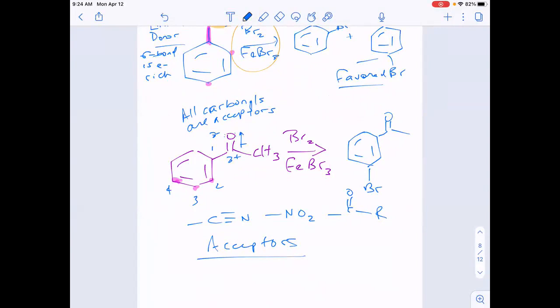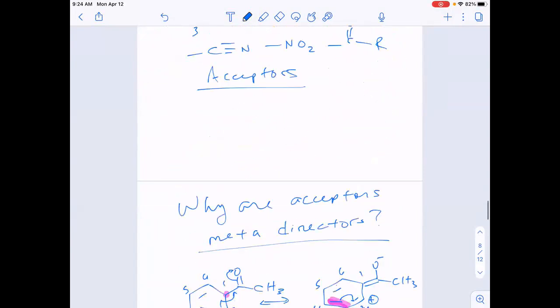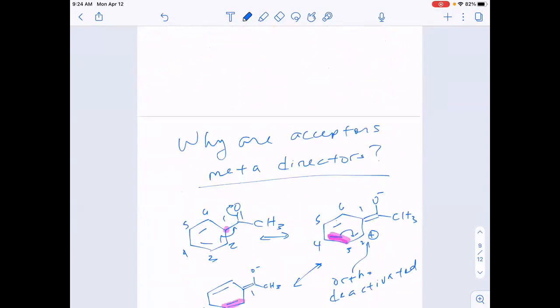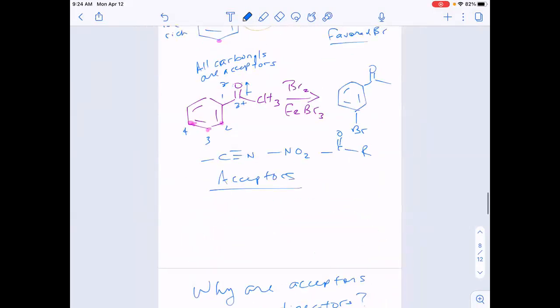And since the carbonyl is an acceptor, which we just showed down here, you can give a pair of electrons to that carbonyl carbon and do resonance with it. So since it's an acceptor, it's going to be a meta director. That's why the bromine ends up here, right? Because that is 1, 2, 3. It's at the 3 position or the meta position. Okay.